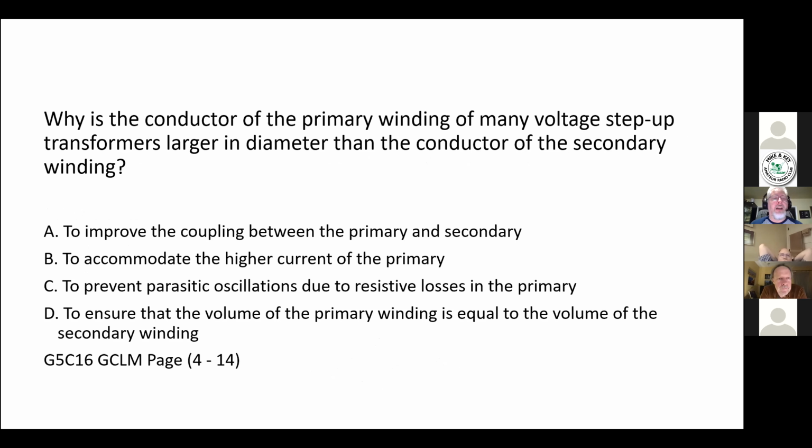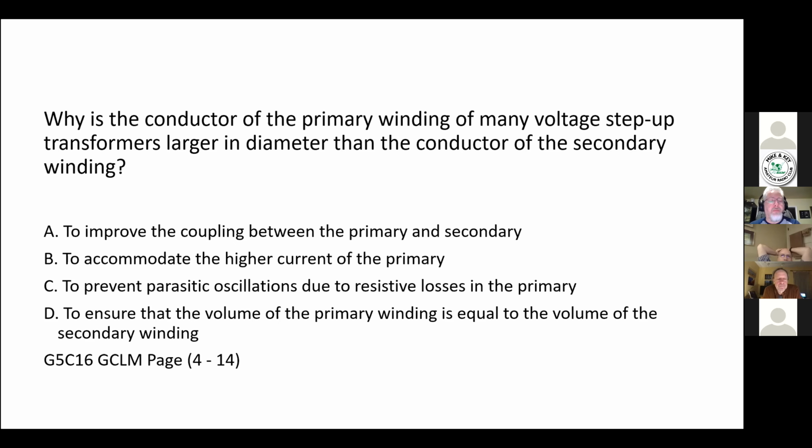Why is the conductor of the primary winding of many voltage step-up transformers larger in diameter than the conductor of the secondary winding? A, to improve the coupling between the primary and the secondary. B, to accommodate the higher current of the primary.